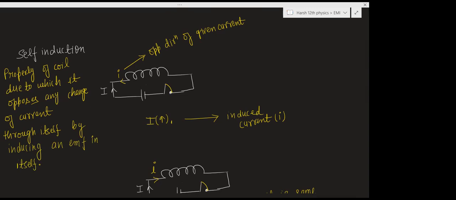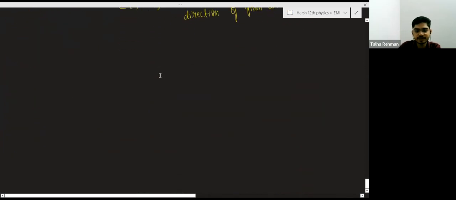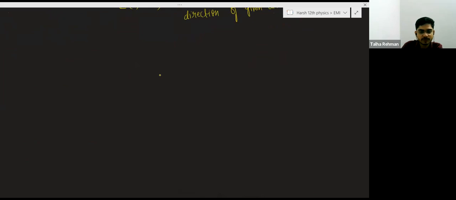So basically, if you increase the current here, there will be an increase in magnetic field and an increase in the magnetic flux. So we can say that the magnetic flux in the coil is directly proportional to the current.